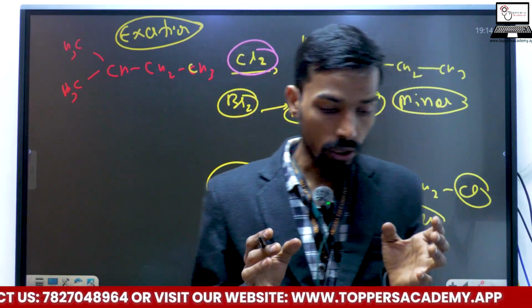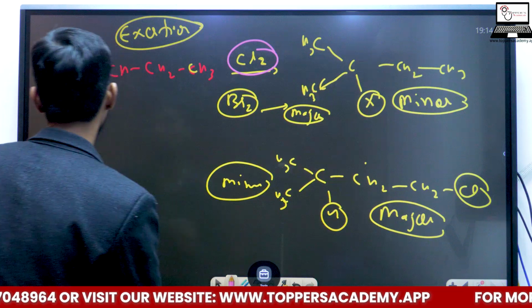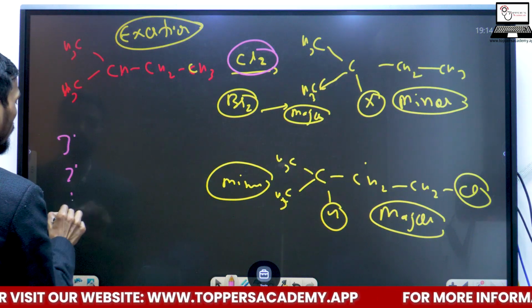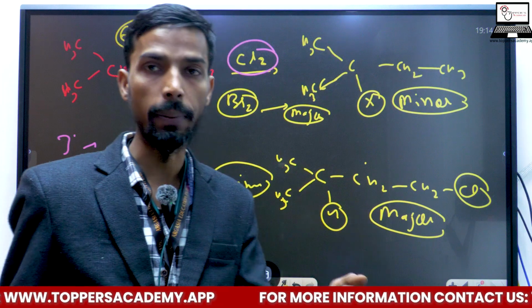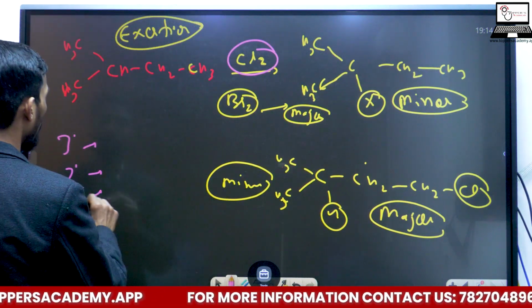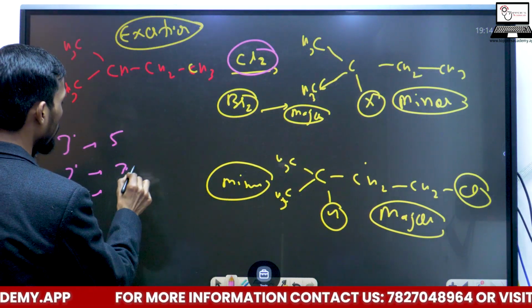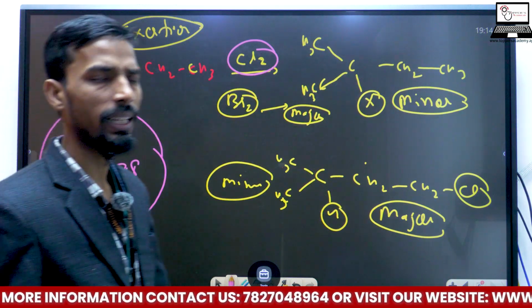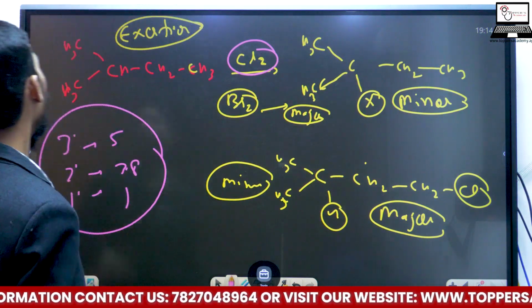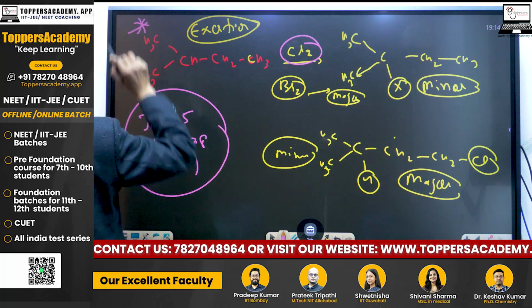You can see there is a criteria of 3 degree, 2 degree and 1 degree. There is a factor with which we multiply and get the answer, like 5, 3.8 and 1. If you multiply by this, you can get the accurate answer, but that is a bit complicated. At this point, you can just directly learn this question.